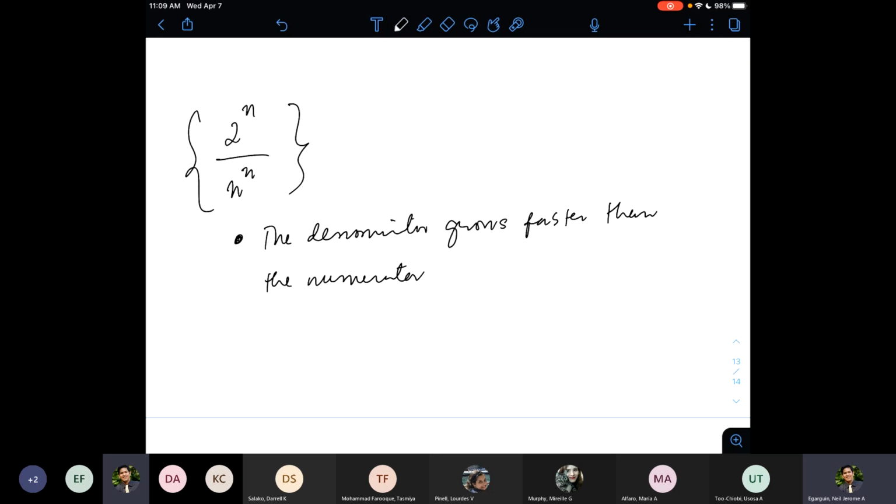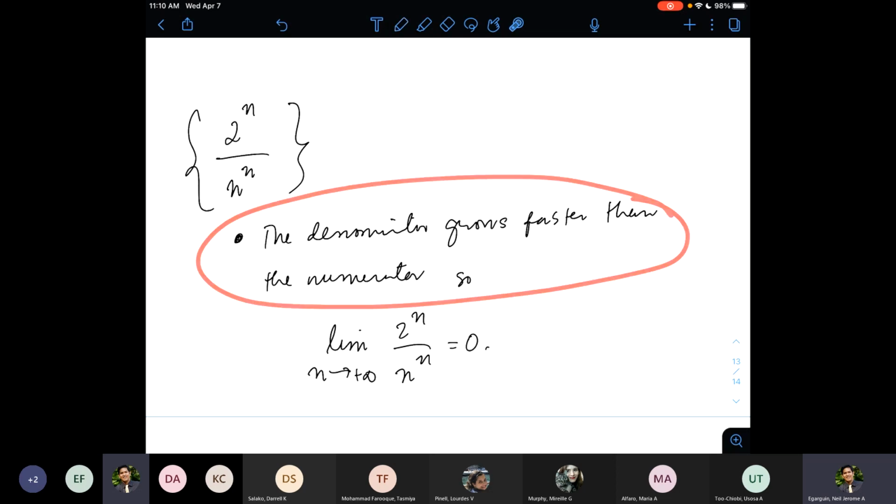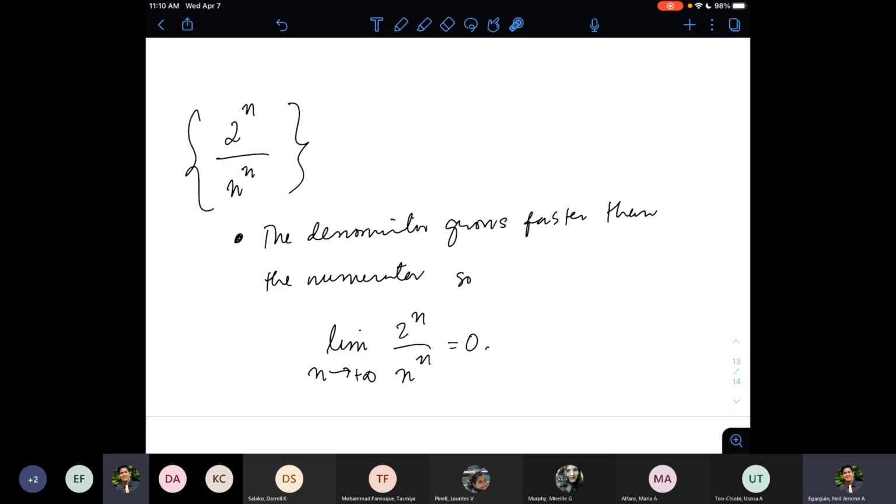Because I think you were given in class, in the lecture, the hierarchy of growth of functions, right? So we know that n to the n grows fastest among all of the functions, even beating factorials and exponentials, right? So the limit of 2 to the n over n to the n as n goes to infinity is equal to 0. And I guess that's fine. But we will be looking for the reasoning behind it. So please put that into writing and then you're good to go.